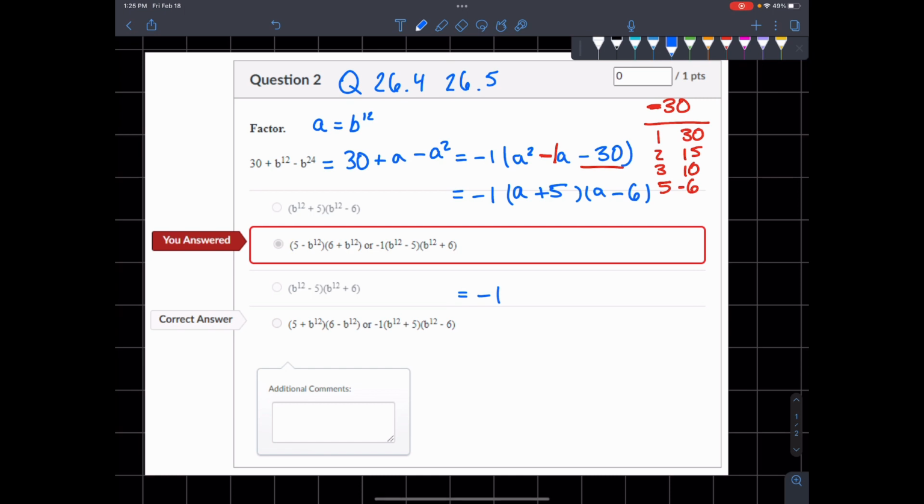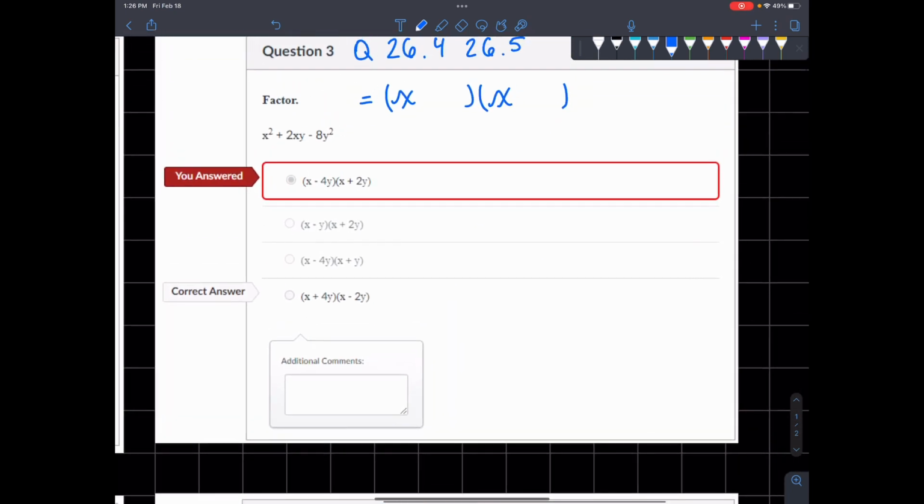So this is going to be negative 1, b to the 12, plus 5, b to the 12, minus 6. And right now, looking at our answers here, this is a lot like this bottom answer here. And if you were to multiply this negative 1 by this expression here, you are going to get this expression here. So we know that our answer is going to be D.